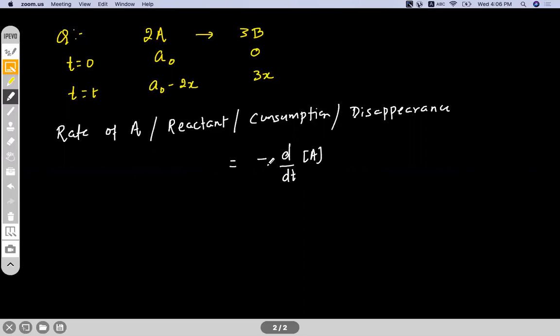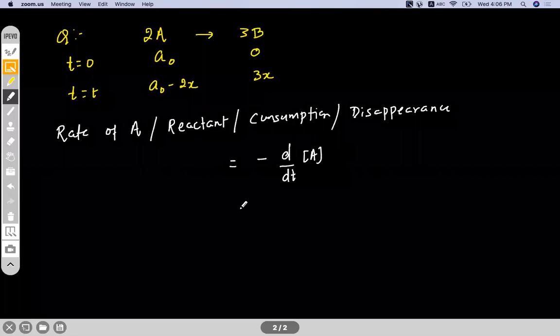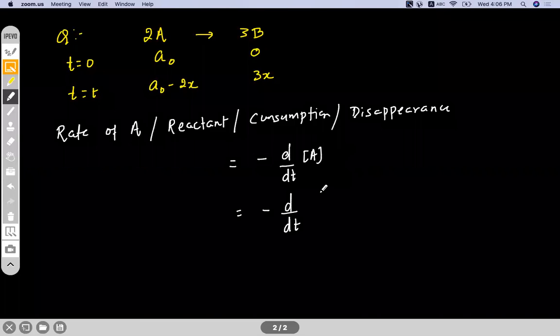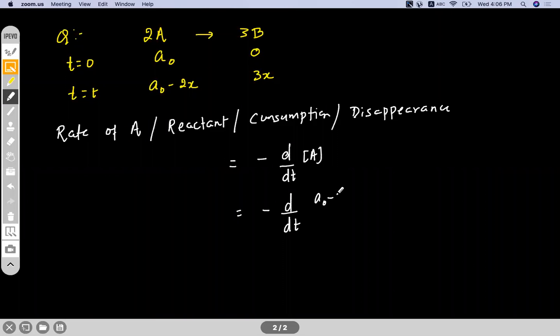For a reactant, we always take the negative sign, so the expression becomes minus d[A] by dt, that is final minus initial, A naught minus 2x minus A naught. When you solve this, you'll get minus 2 dx by dt. Minus dA by dt is equal to 2 dx by dt.